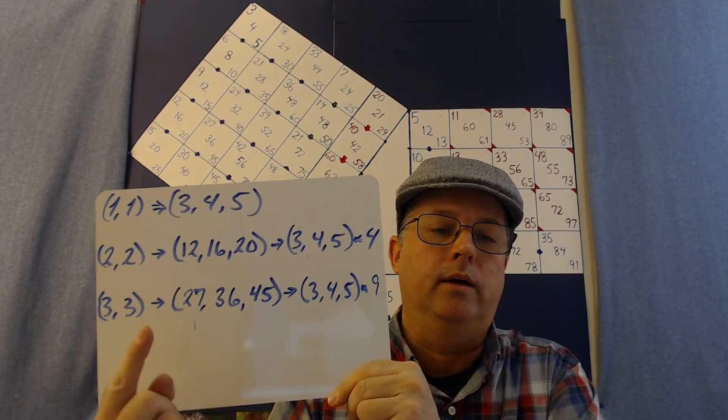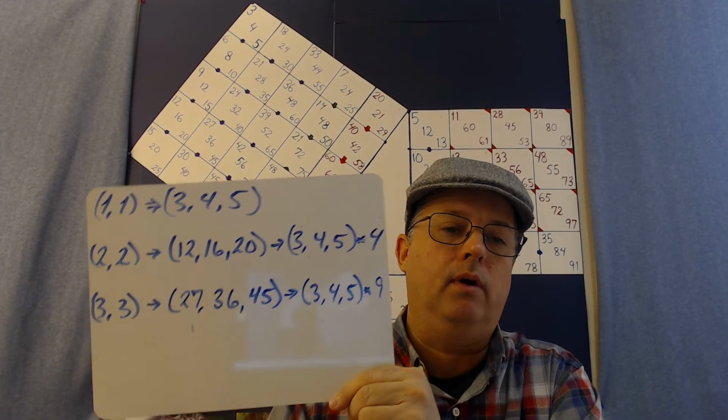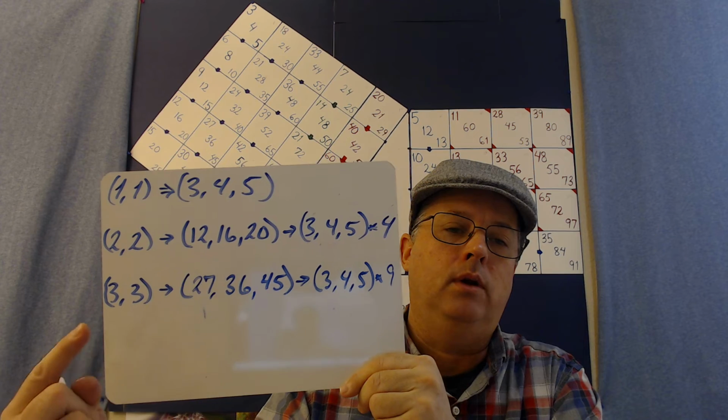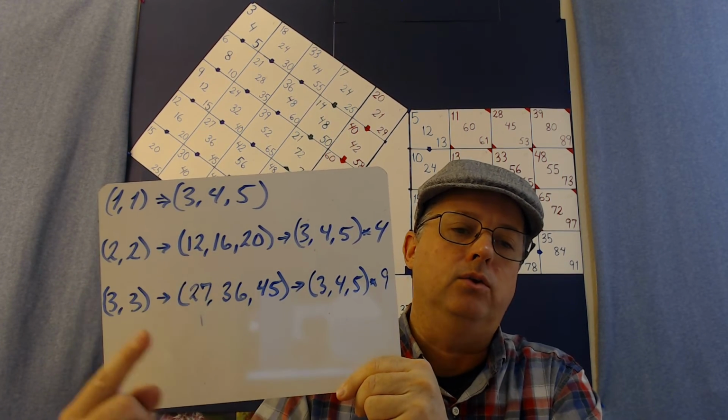So 3 times 9 is 27, and 4 times 9 is 36, and 5 times 9 is 45. And so it appears that whenever the S and T values are the same, so when S equals T, then we're getting a multiple of the 3, 4, 5 triangle.